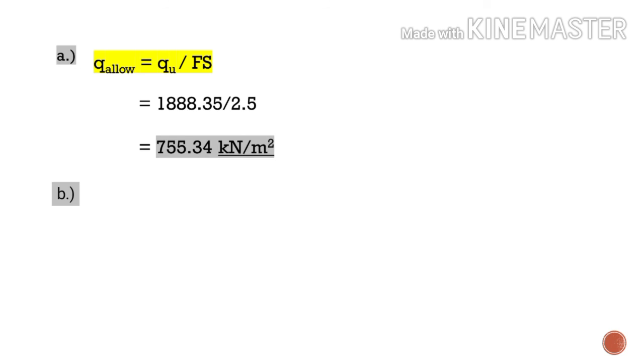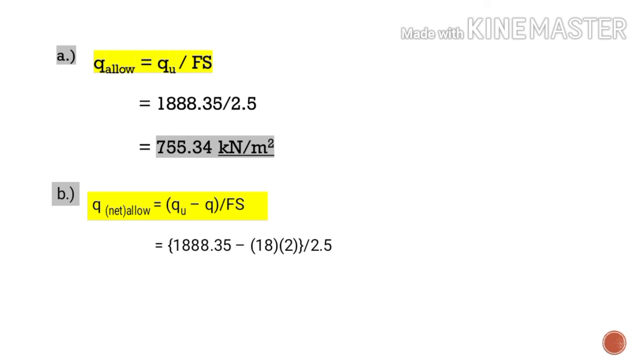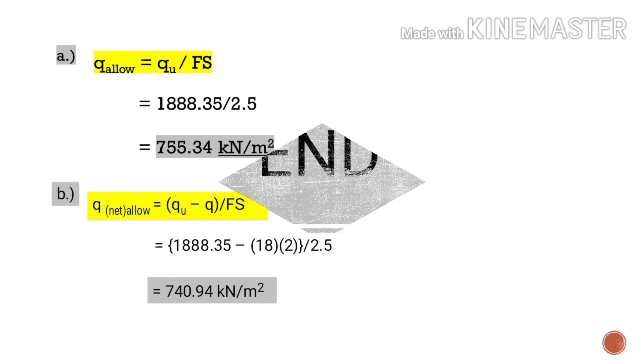The next problem is the net allowable bearing capacity, and substituting, you get 740.94 kilonewton per square meter. So that is all. Thank you.